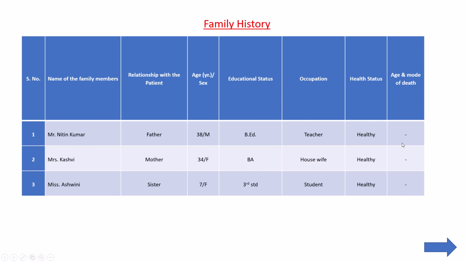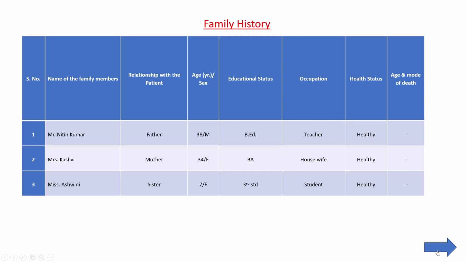At which age they died and the mode of death also we have to write, because if a psychiatric problem was the cause of death, then we can understand this is a hereditary problem. That will be helpful. That's the family history you have to write.